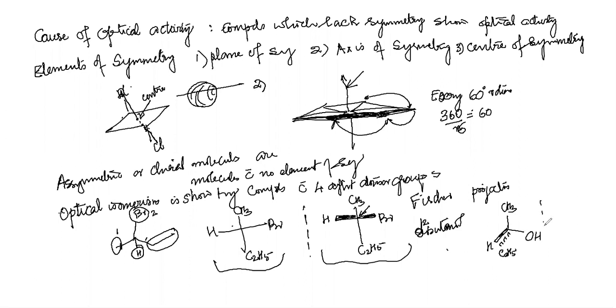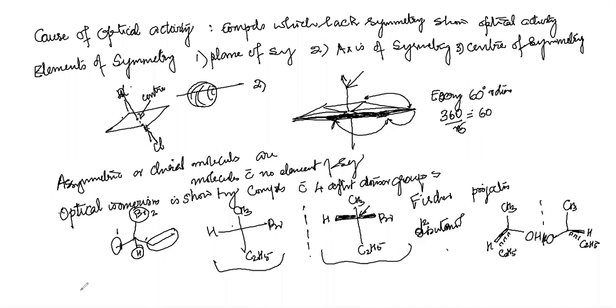And its mirror image is here, with the H here. So this is how you represent two enantiomers.